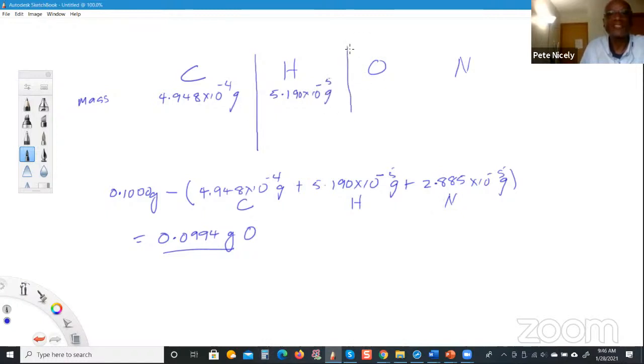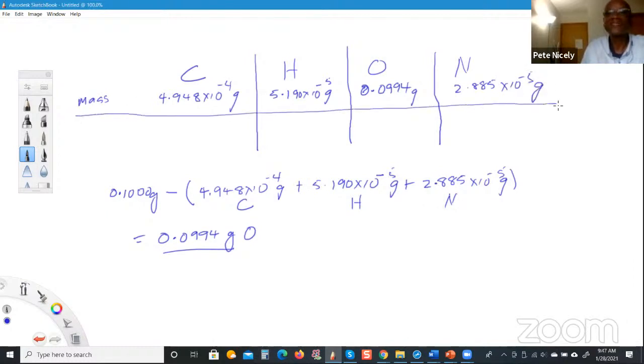For the oxygen, it's 0.0994 grams. And finally, for the nitrogen, it's 2.885 times 10 to the minus 5 grams. All right. So those are the masses, right?